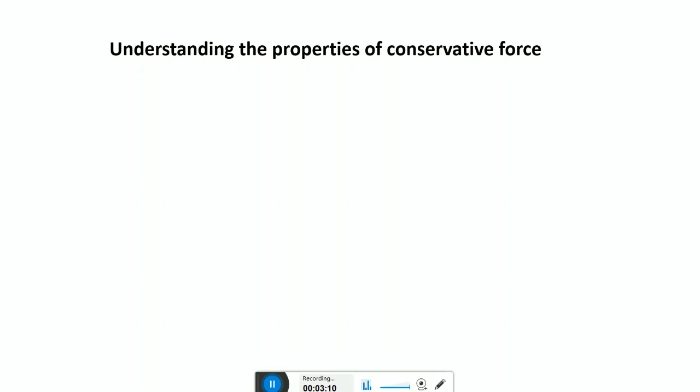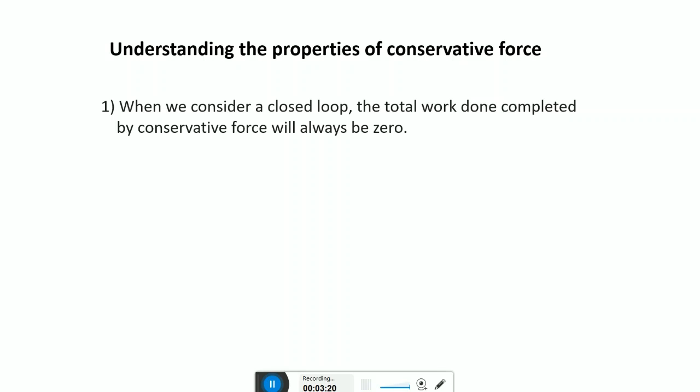Now, the properties of conservative force. If a force has the following properties, then it is said to be a conservative force. First property is, when we consider a closed loop, the total work done by a conservative force will always be zero.